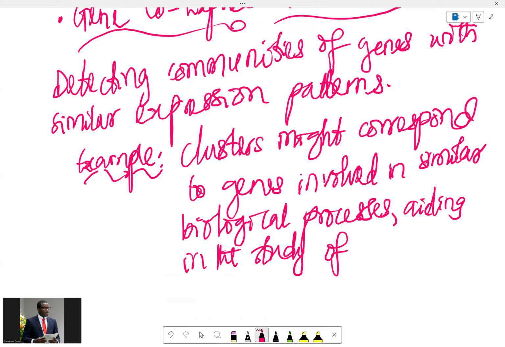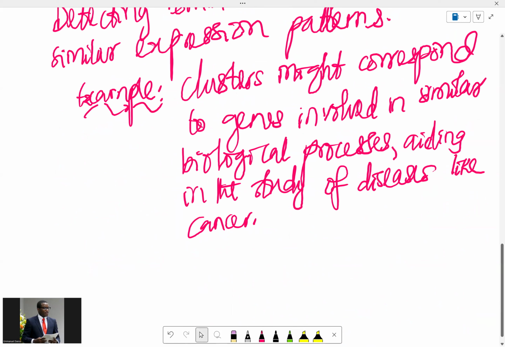So we can identify a cluster of cancer cells, for instance, for better treatment. So that's gene co-expression networks.